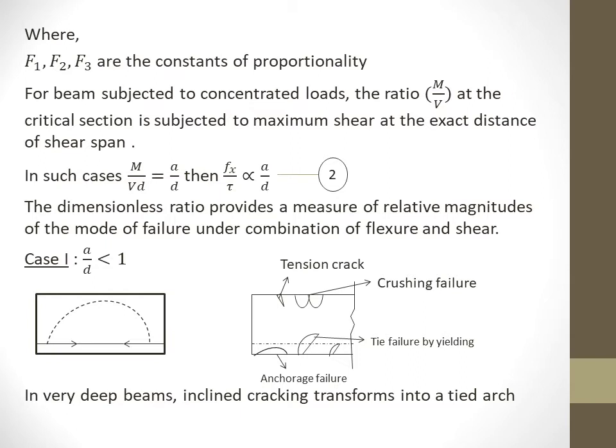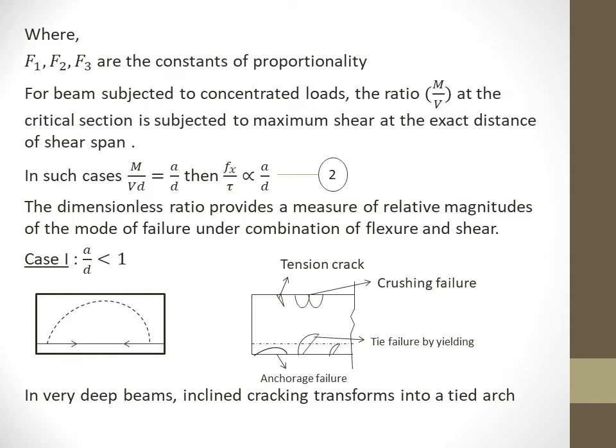Now let's look into the 4 cases of failure that will take place depending upon the magnitudes of the ratio. When a by d is less than 1, it is a very deep beam, and it does not have any web reinforcements.